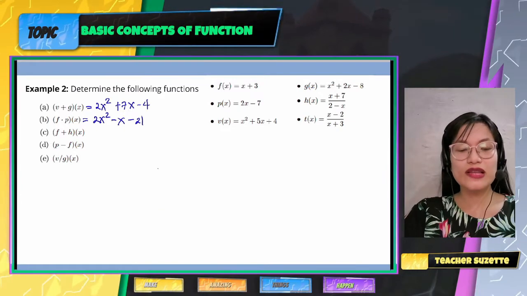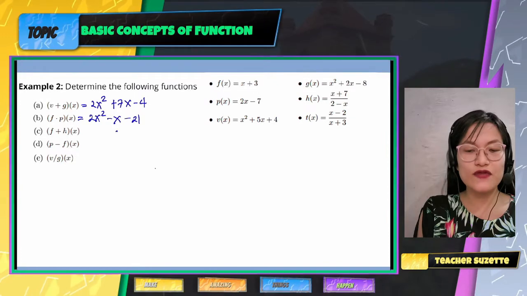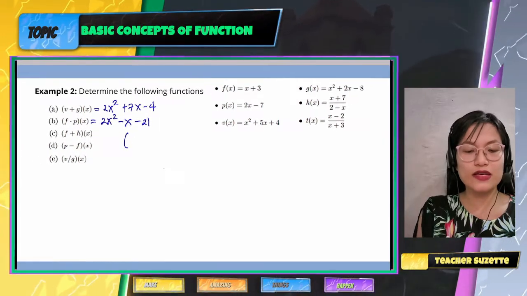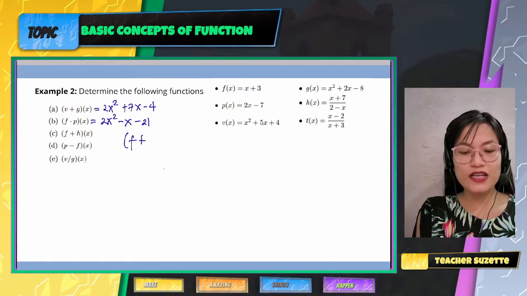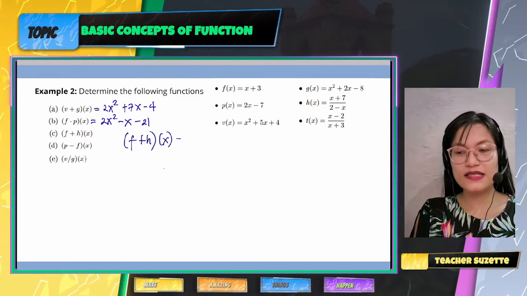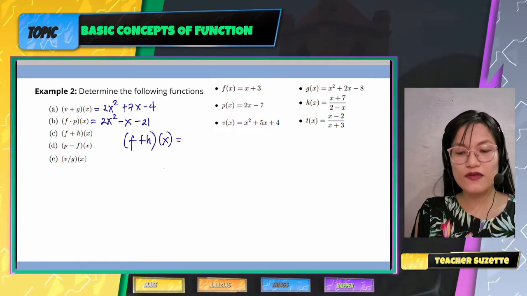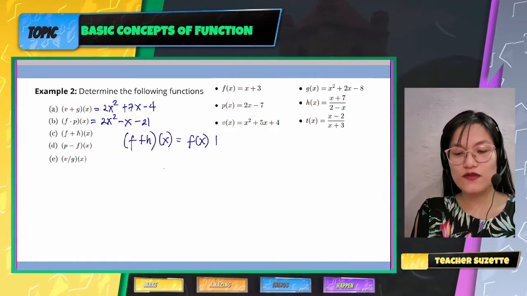Now, we're done with our letter A and B. Let's now proceed with our letter C. For our letter C, we are going to get the function of f plus h of x. And that is equal to f of x plus h of x.